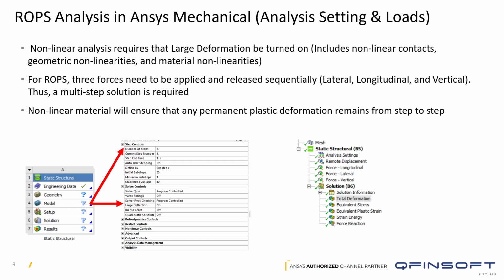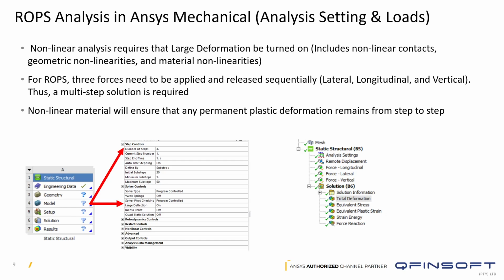And for any non-linearities, we need to turn on large deformations inside of our analysis settings. Other cases where we would need to turn this on are cases where we have non-linear contacts, geometric non-linearities, so a lot of deformation inside of the structure that we have inside of Mechanical, and material non-linearities, which is the case that we'll be turning it on for, as we defined our material earlier.